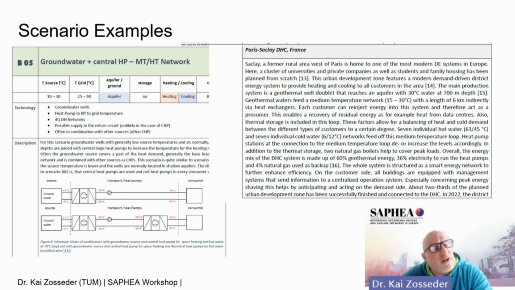What you get then is, for example, explanations of these specific scenarios, like here: groundwater as a source, a central heat pump and a middle temperature grid. So you find some explanations and also some examples.